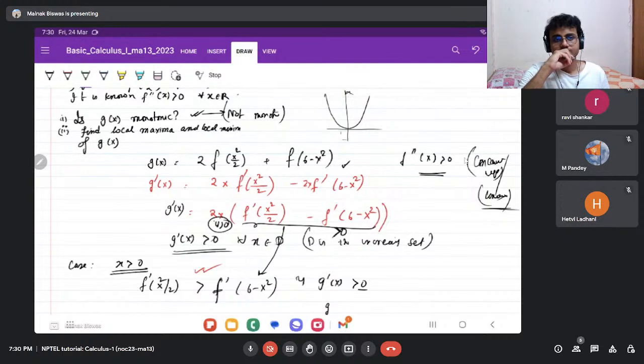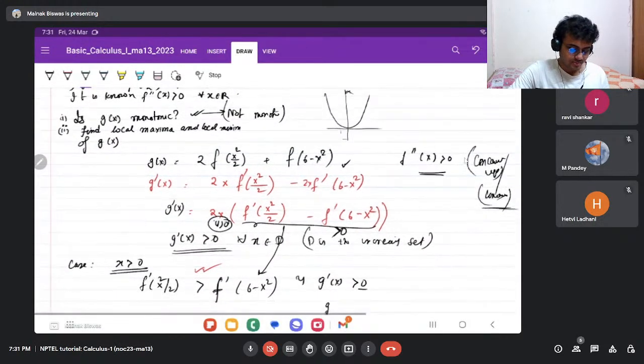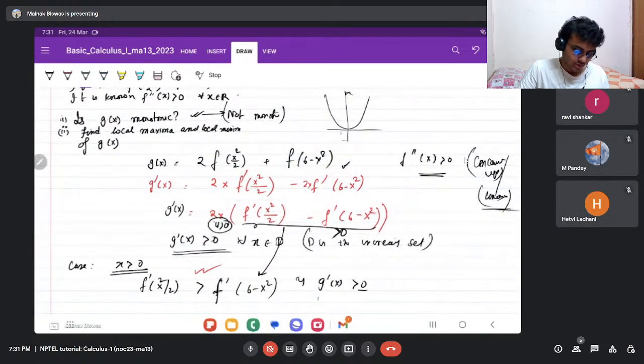Any idea? I will give you a hint. Look at f double dash x. What is it said? It is said to be greater than 0, right? What can you infer from this?